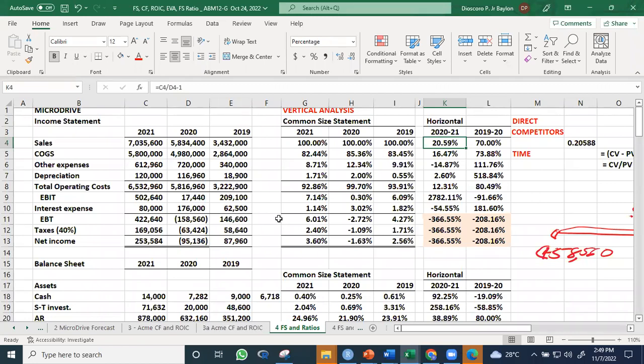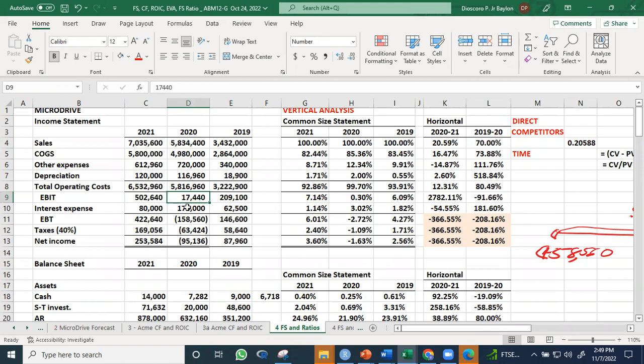So for example, in terms of EBIT, okay, EBIT between 2019 and 2020 went down. As you can see the absolute figures here, from 209,000 or 209 million, because these are in thousands, it went down to 17 million. So there was a drop of 91% or 92%.